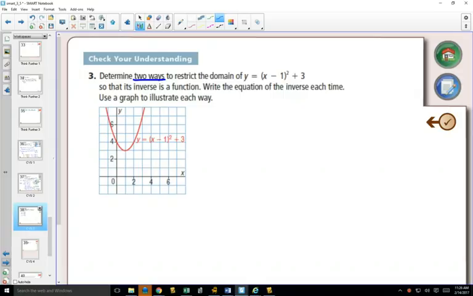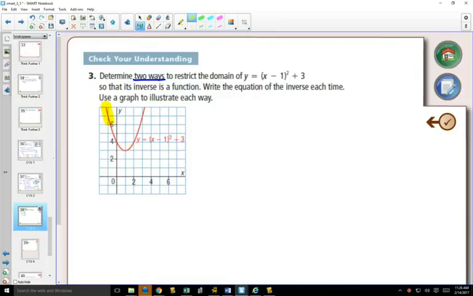So if I took out a highlighter, how much of this graph could I highlight and still have it pass a horizontal line test? Could I highlight this much? No, it doesn't pass the horizontal line test.